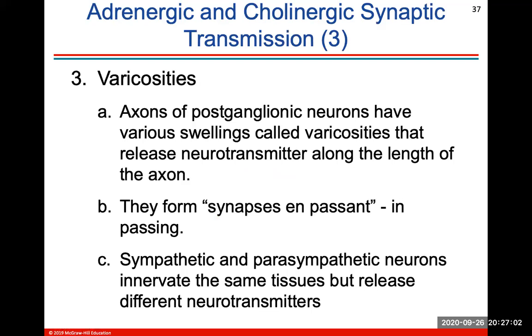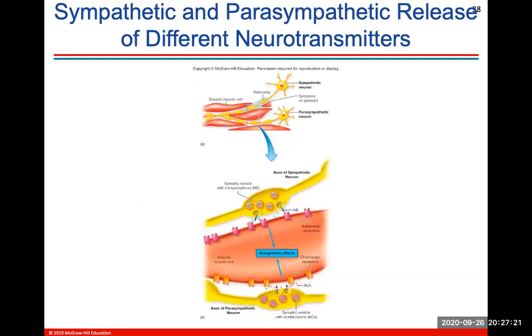Varicosities are axons of postganglionic neurons that have various swellings. They form synapses en passant, that just means in passing. So sympathetic and parasympathetic neurons could innervate the same tissues, but will release different neurotransmitters depending on the type of synaptic transmission. And this is a look at the release of different neurotransmitters, whether it's a synaptic vesicle releasing norepinephrine or releasing acetylcholine.